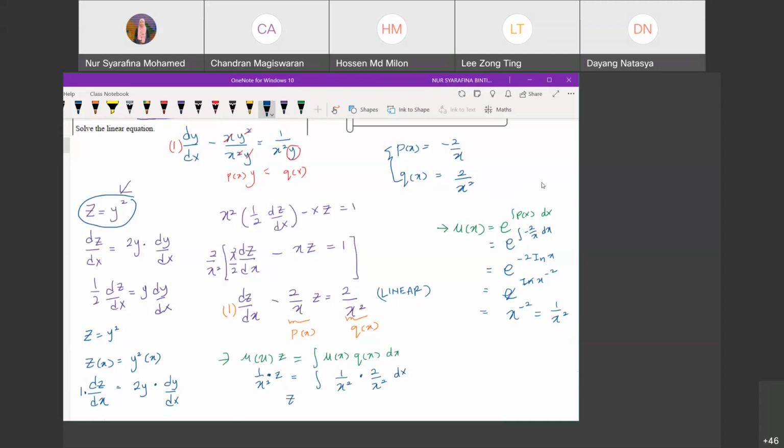So this becomes the integral of 2/x to the power of 4. So what should we have here?